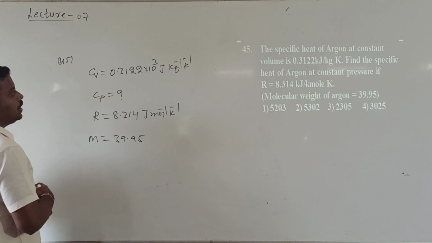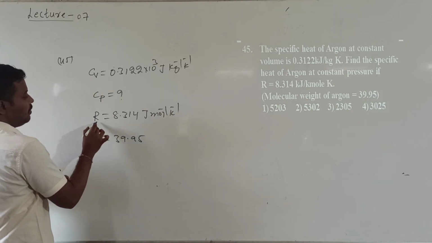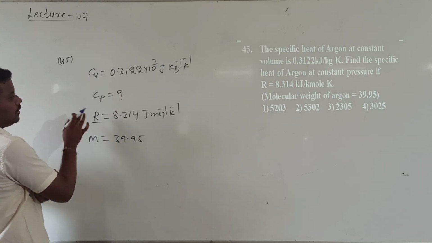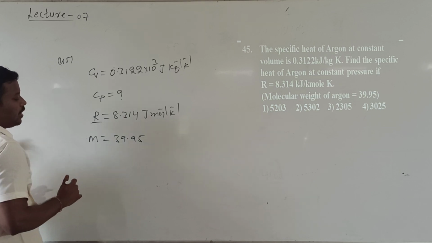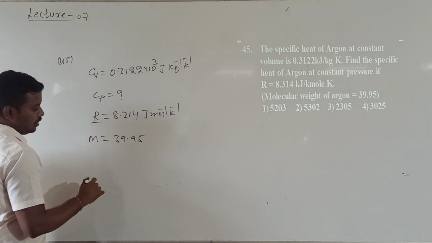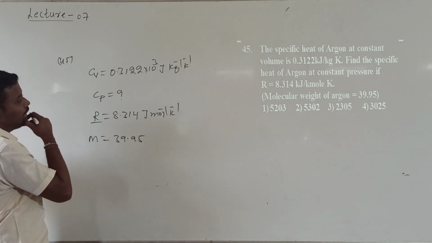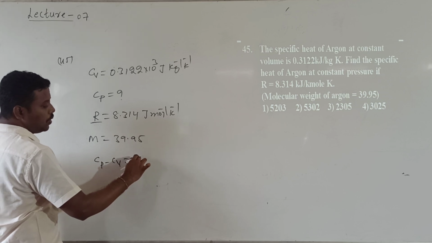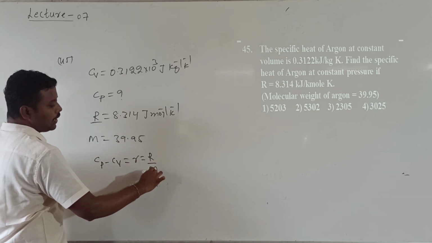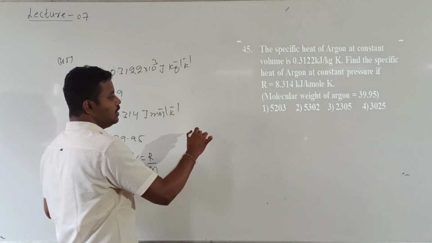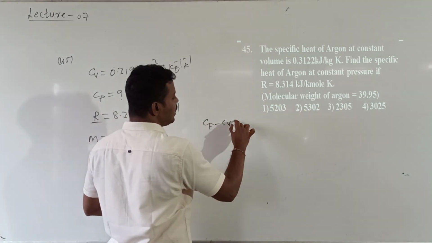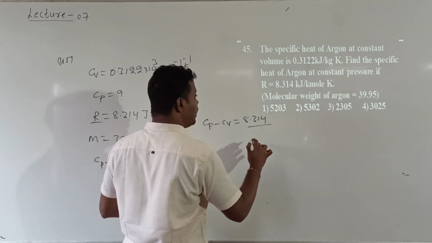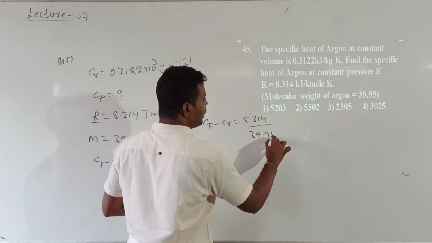First, let me calculate which one now. These are small letters, but we cannot directly use Cp minus Cv is equal to capital R. That is only for capital letters, not for small letters. So what is the formula here to calculate? Small cp minus small cv is equal to small r, where small r is R divided by capital M. So small cp minus small cv is 8.314 divided by the molecular weight 39.95.